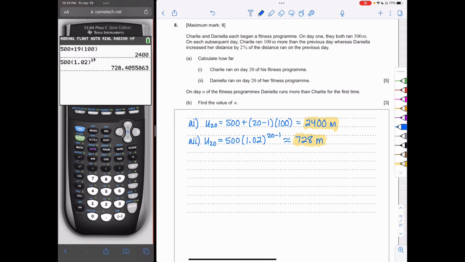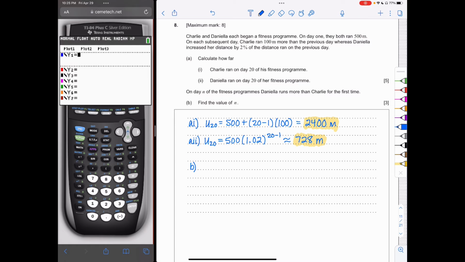So for part B it says on day N of the fitness program, Daniela runs more than Charlie for the first time. So what I'm going to do here is put both of my equations in Y1 and Y2.